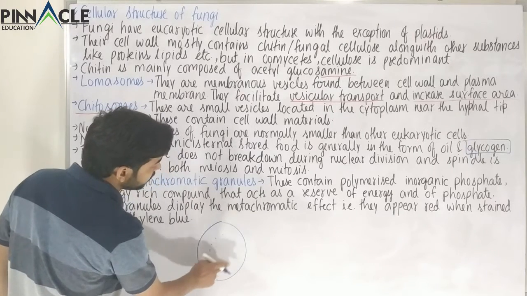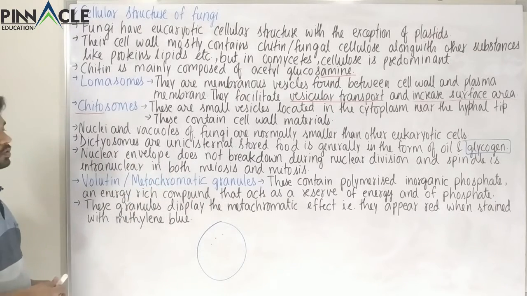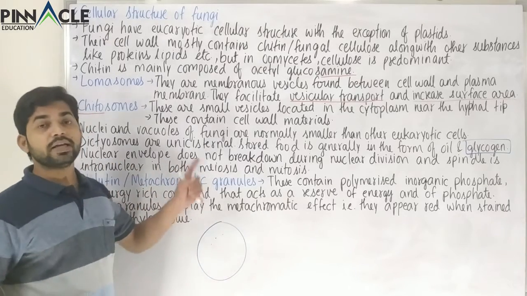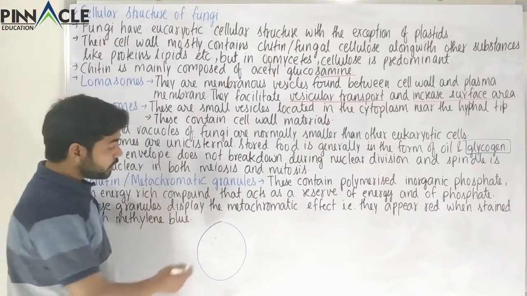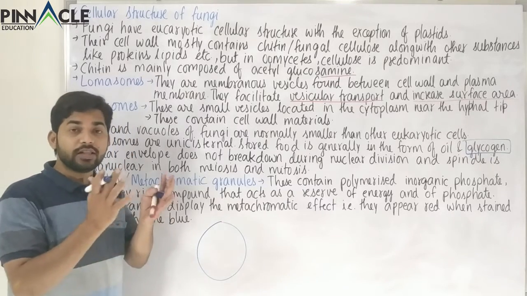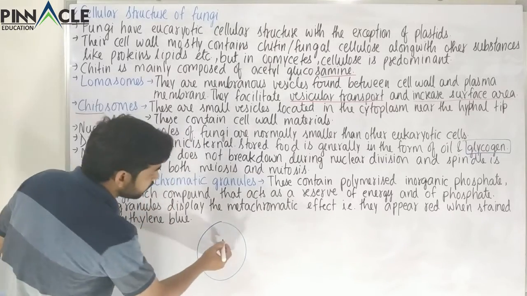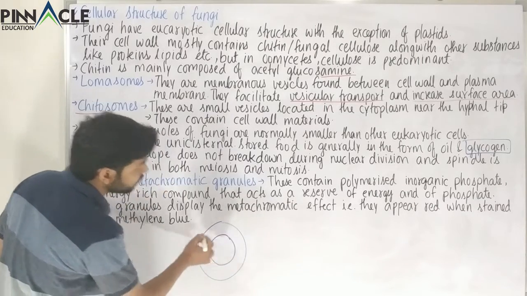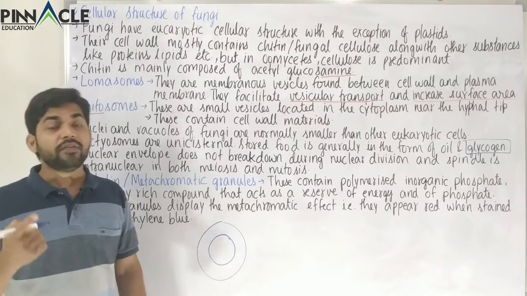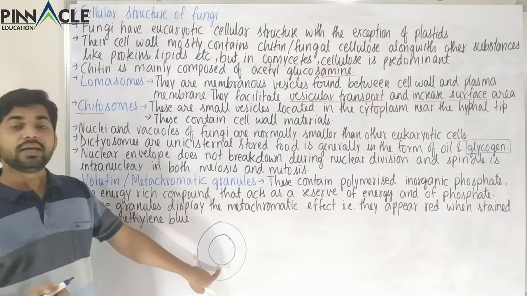But here in the case of fungi, this does not occur. That is, the nuclear envelope does not break down during nuclear division. So in a normal cell, the nuclear envelope will break down, but in the case of fungi, this nuclear envelope or nuclear membrane will not break down. It will remain like this.